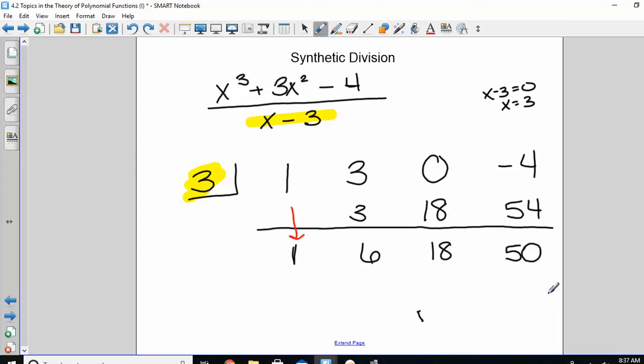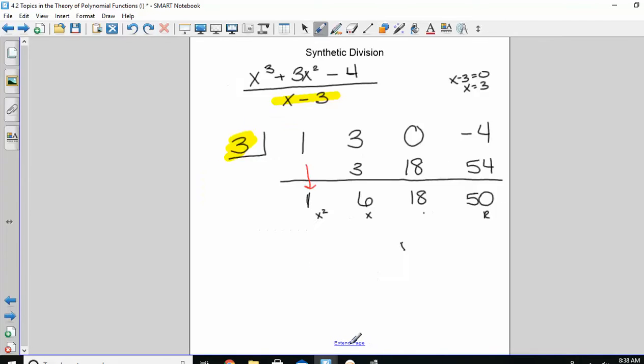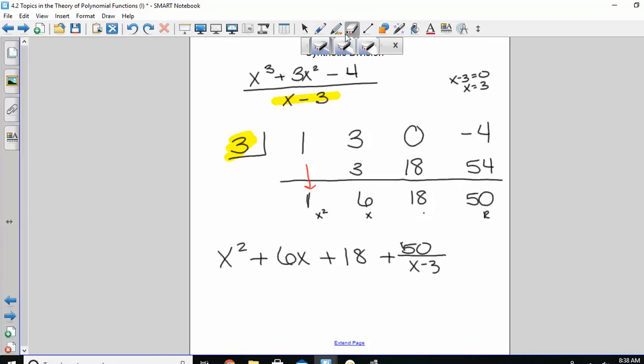Have I lost anybody there? Last step is just to write our answer. This number is your remainder. This is your constant. This would be an x squared. Your powers just go up. So we have a 1x squared, or just x squared, plus a 6x, plus an 18, plus for your remainder you do 50 over what we were originally dividing by, x minus 3.